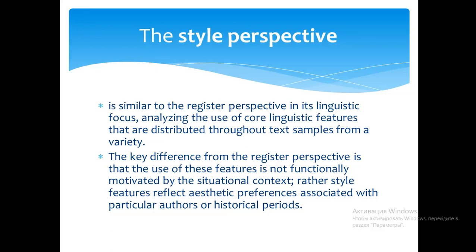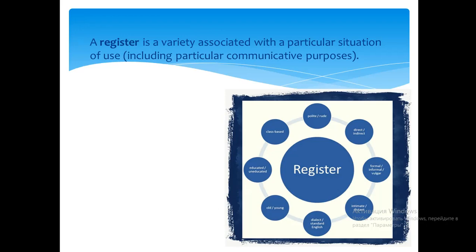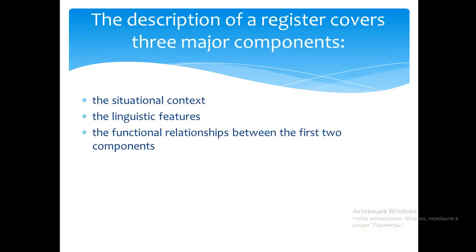In general terms, a register is a variety associated with a particular situation of use, including particular communicative purposes. The description of a register covers three major components: the situational context, the linguistic features, and the functional relationships between the two components.